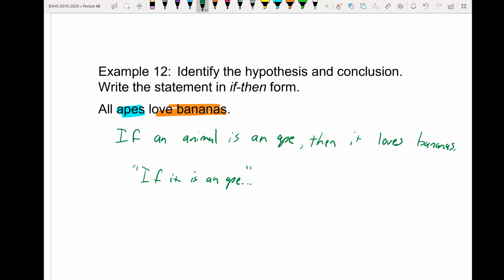The reason I don't is because you're saying it before you identified what it is. We don't like to use pronouns before we've identified it with a noun. Sir? What about if there is an ape? If there is an ape, then it, like those bananas, I guess that would technically work too. But yeah, just stay away from using it before you've defined what it is. It's like walking into the room and saying, hey, did you hear what he did? What's the next question? Who's he? They want you to define the pronoun. Okay.